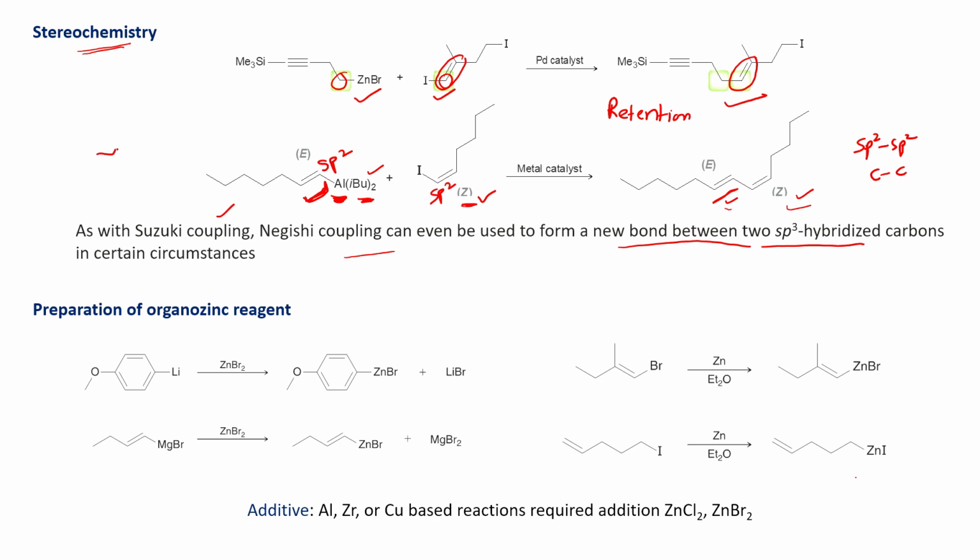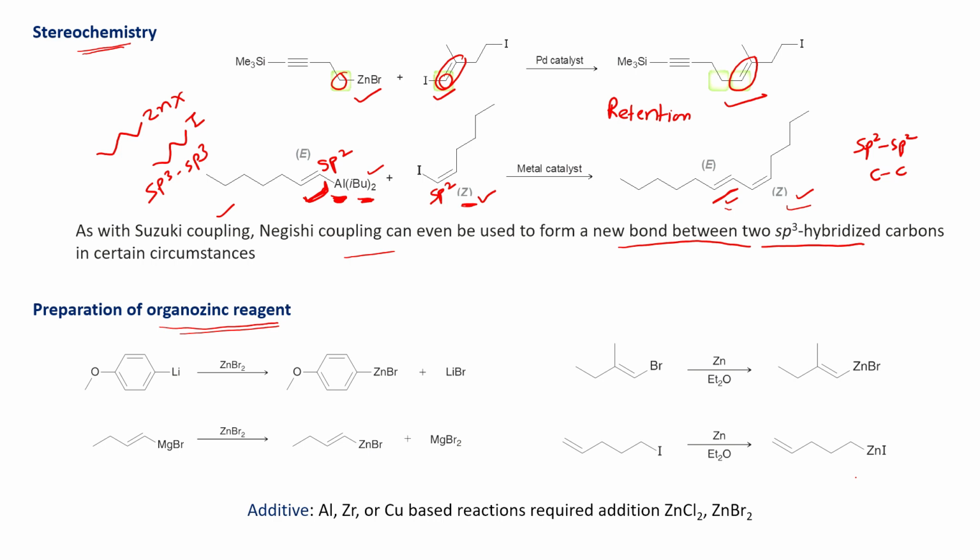If you take alkyl zinc and treat it with alkyl iodide, you can get your sp3 hybridized carbon-carbon bond formation.